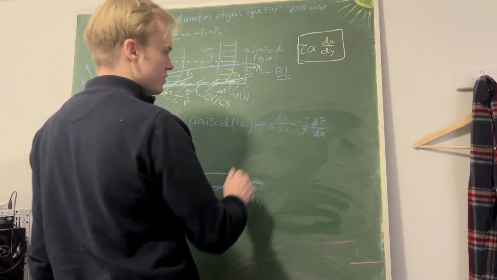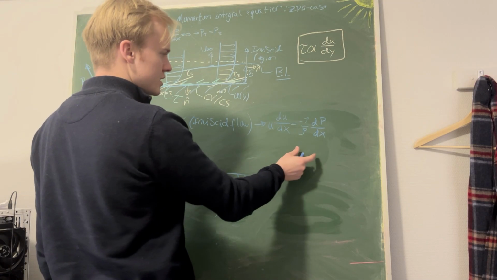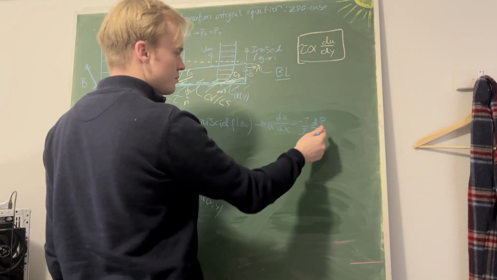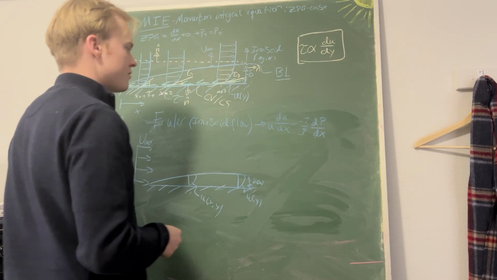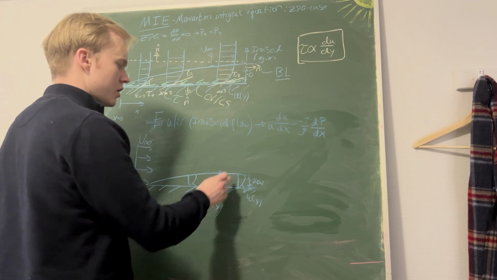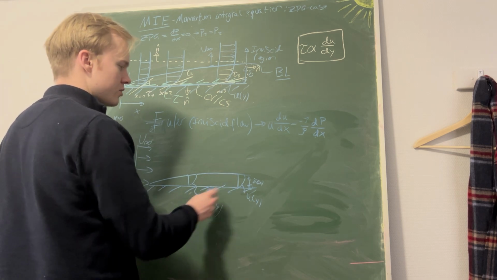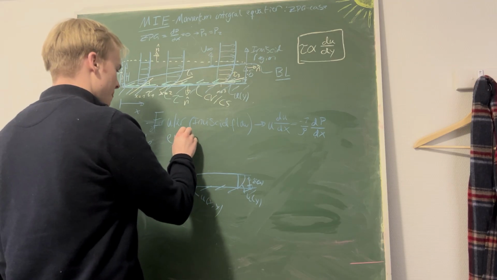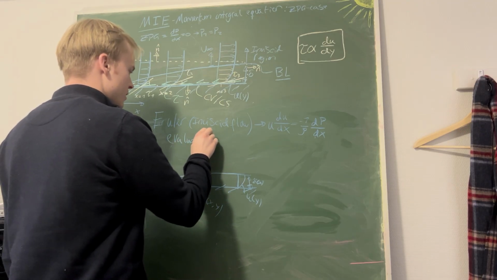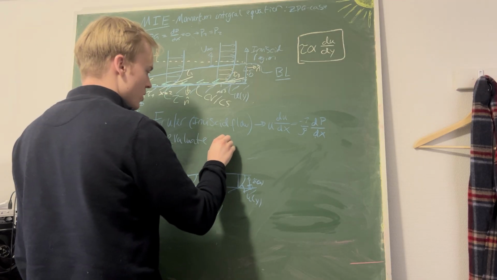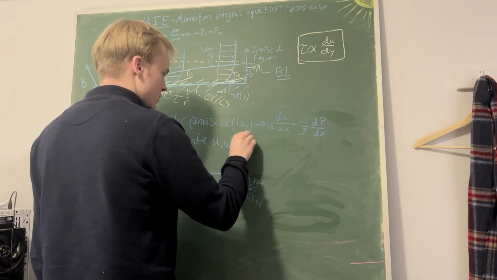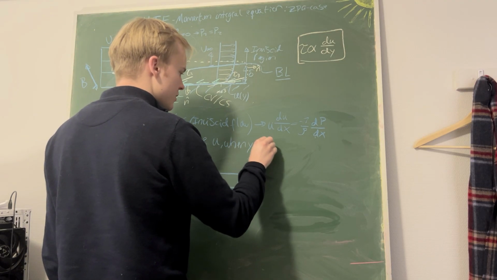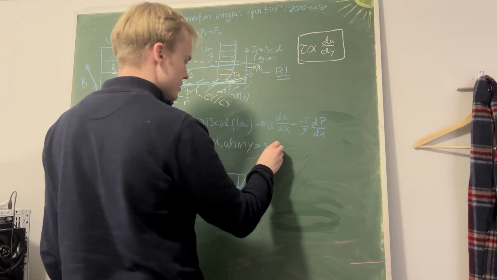The point is to show that u du dx is minus 1 over rho dp dx, and if we evaluate our u over our boundary layer thickness, so we say that we evaluate u when y is bigger than our boundary layer thickness.